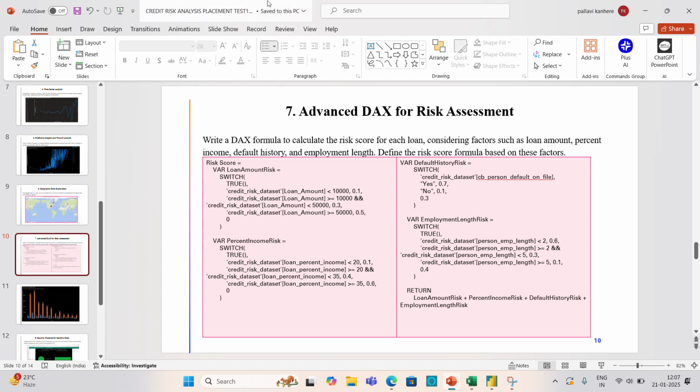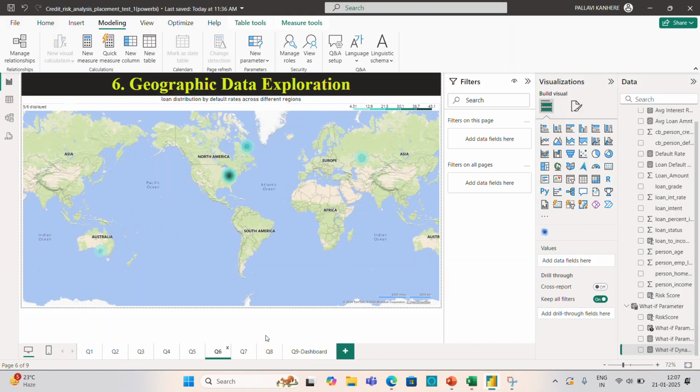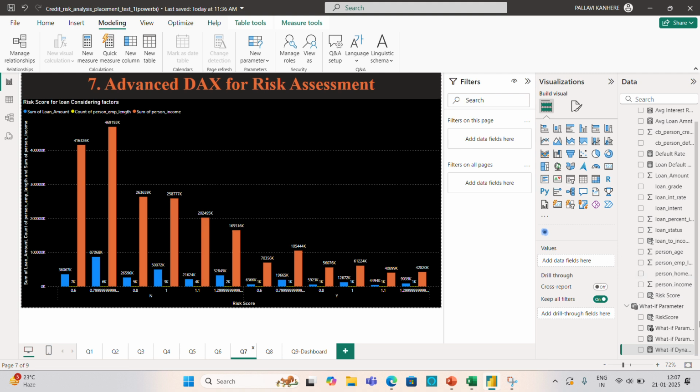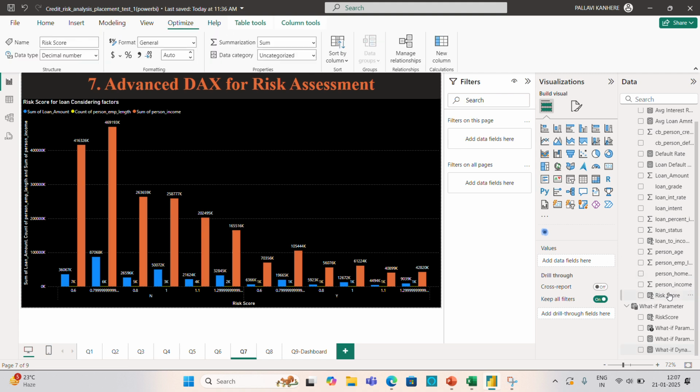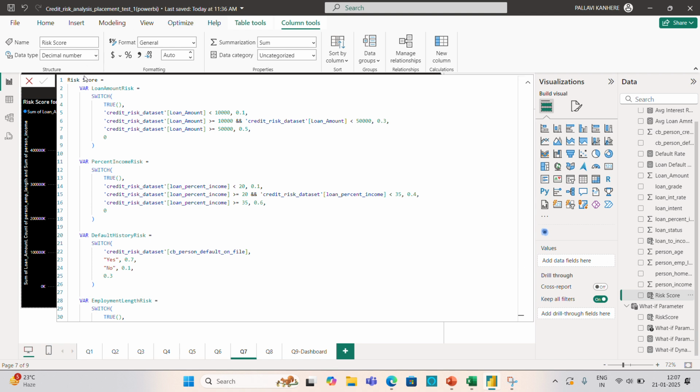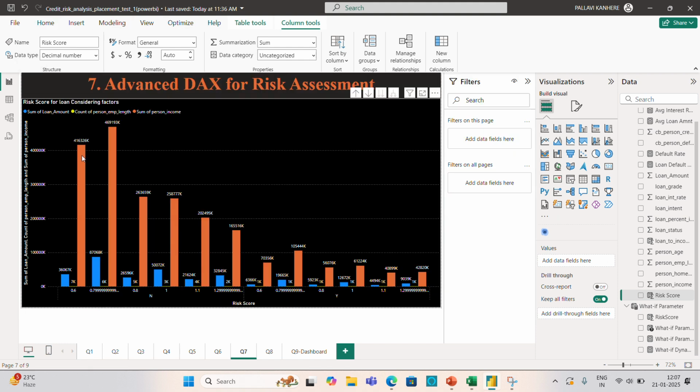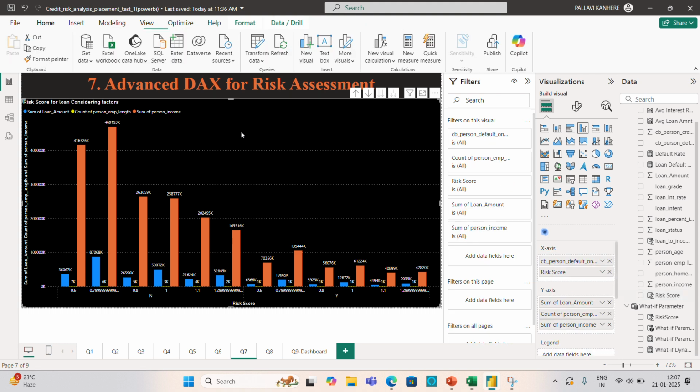Using this formula, I created the measure. This is the risk score measure, and using this risk score measure, I created one column chart which shows the risk score by loan considering factors.